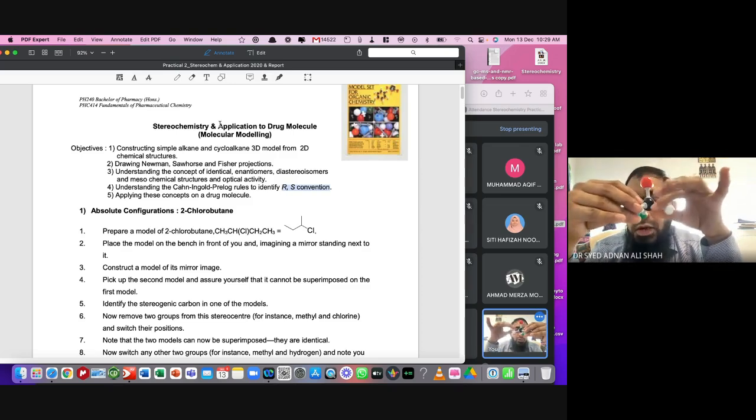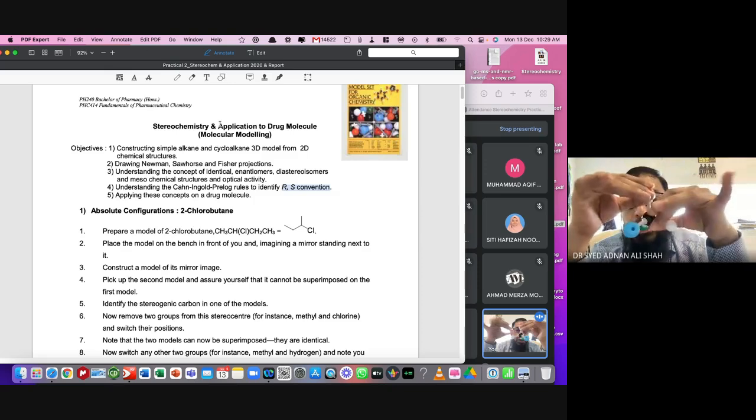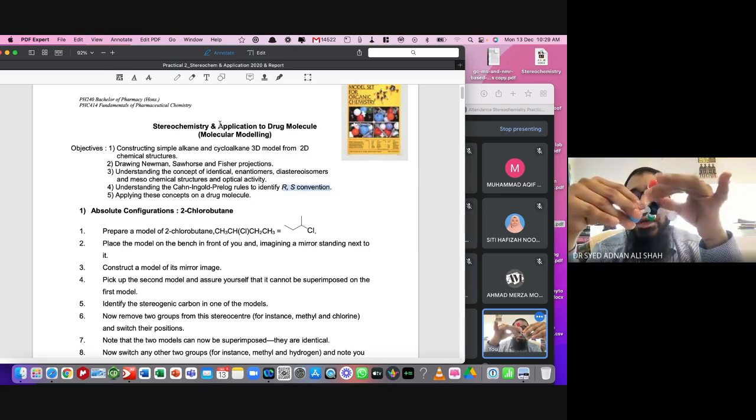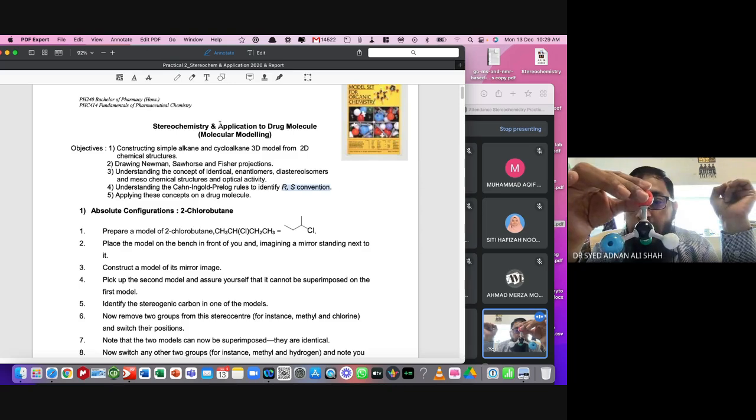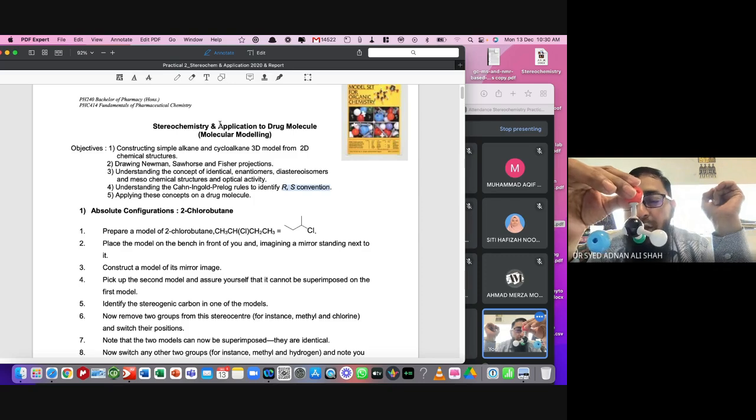So for example, as you have learned in your lecture also, this one is the carbon. We want to check what is the absolute configuration of this molecule, right? So we have to apply the CIP rule. What does the CIP rule generally tell us?